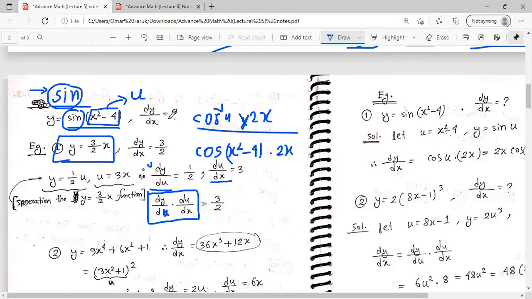So you compare with the things you already know. That means this x is changed here to x squared minus 4. So firstly we calculate the derivative of the outer function, and then we calculate the derivative of the inner function.